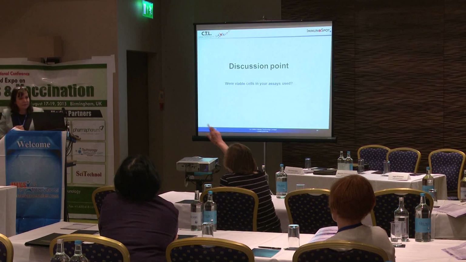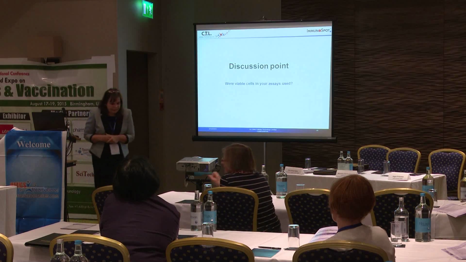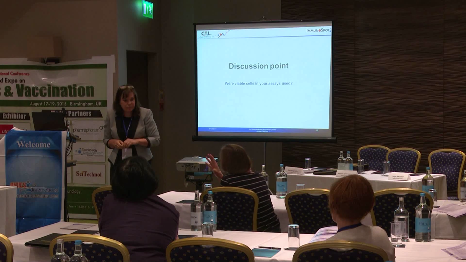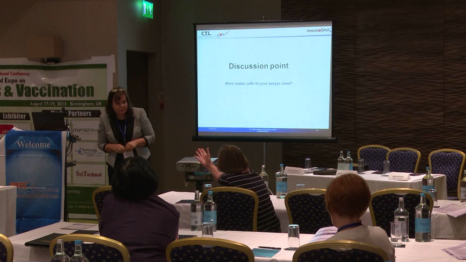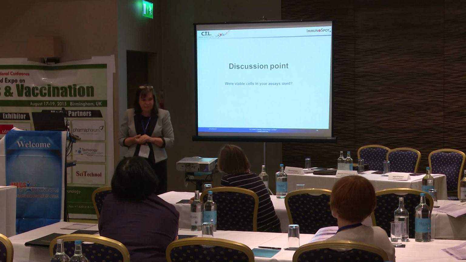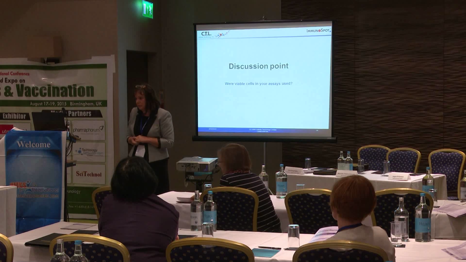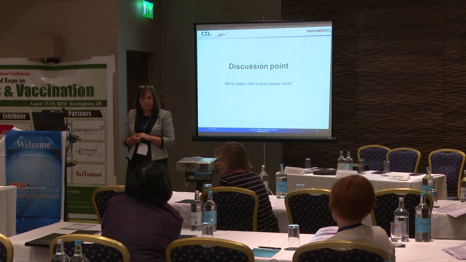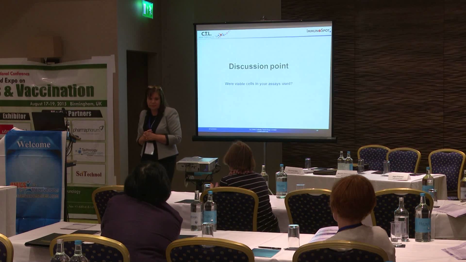Okay. I just want to say something. I mainly work on T cells, and I agree with you, but I think it's very important for a vaccine to measure both.